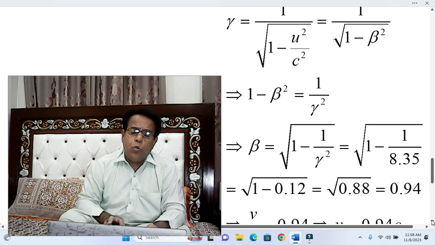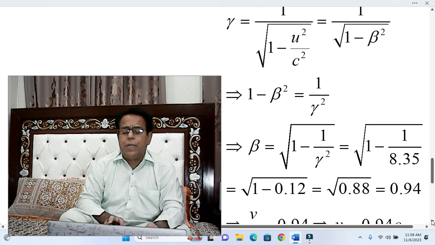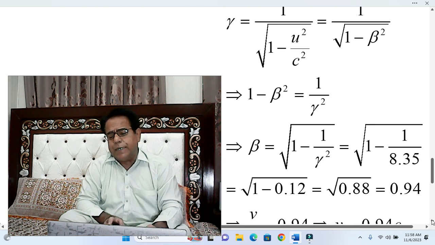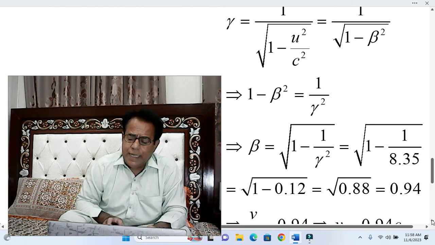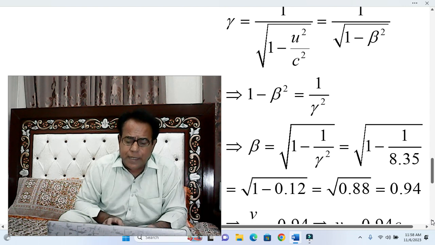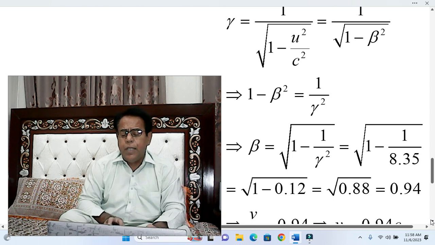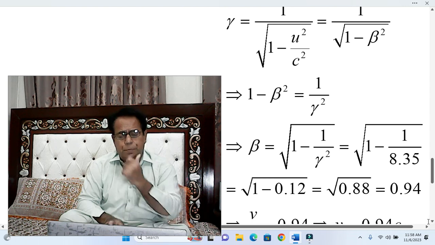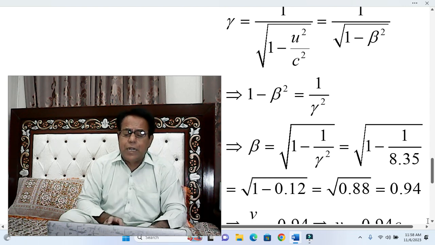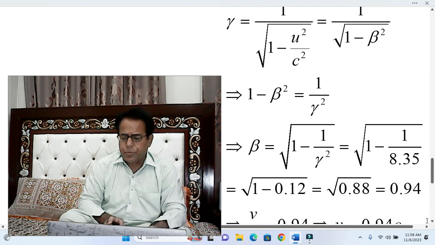Moreover, Lorentz factor gamma, after having been shifted to the other side, becomes the denominator from a numerator, and in the next step we have taken square of both sides. By taking square on both sides, under root vanishes, and we get 1 minus beta square equal to 1 over gamma square.